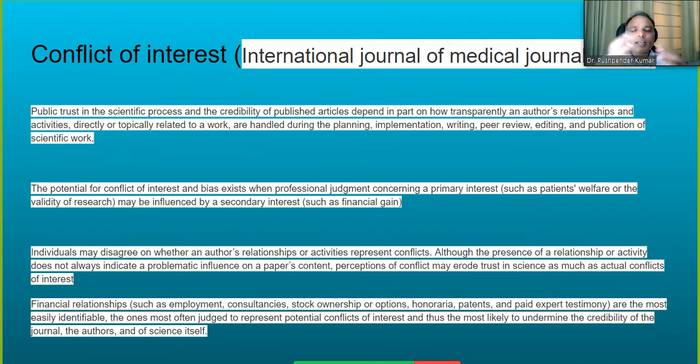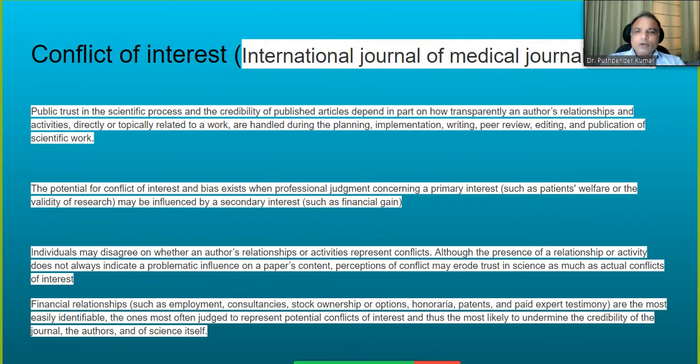So where is your credibility, right? Where is the trust? Who will trust you? Because you paid a journal to get it published. Sometimes you get a patent also. So is it really that you have gone through a process, or did you pay someone to get the patent?